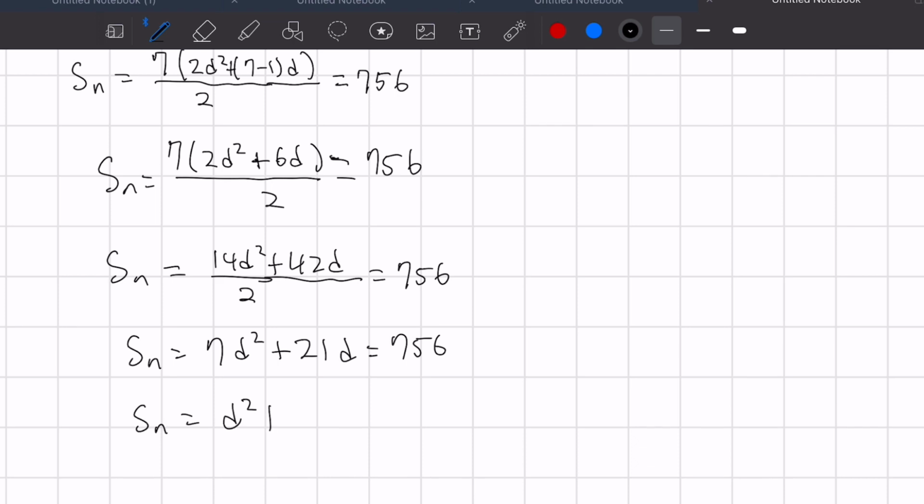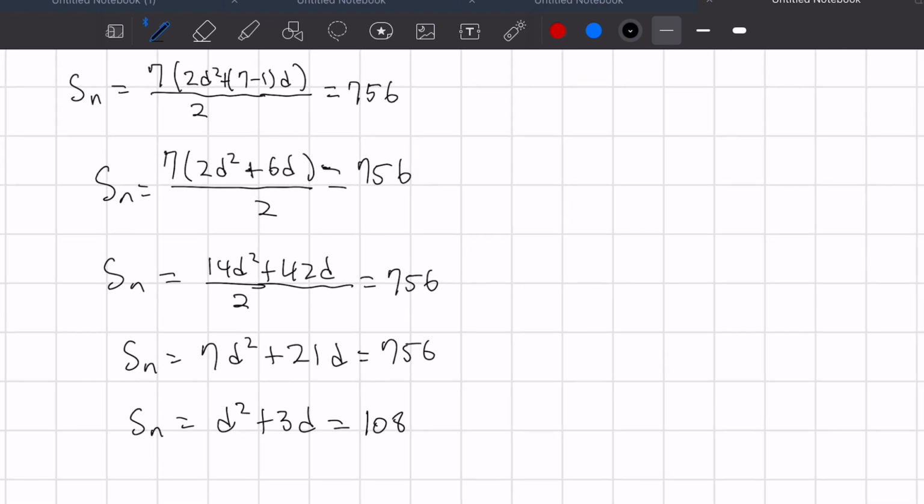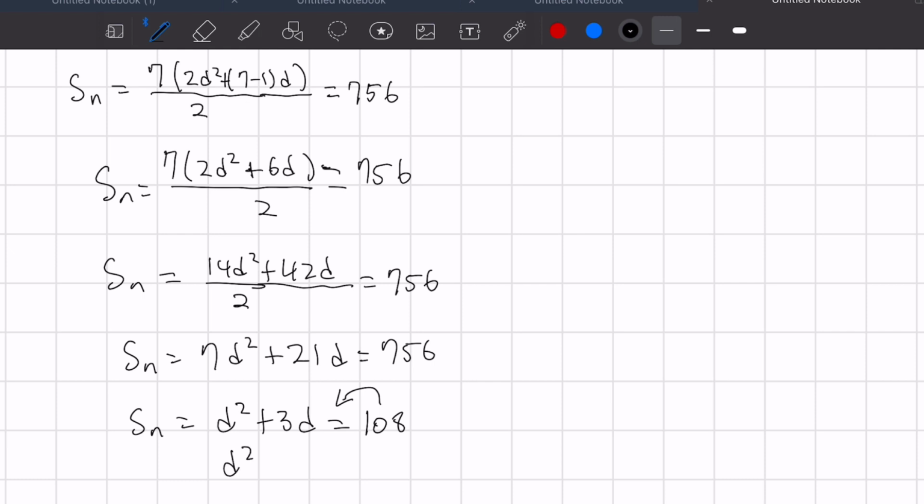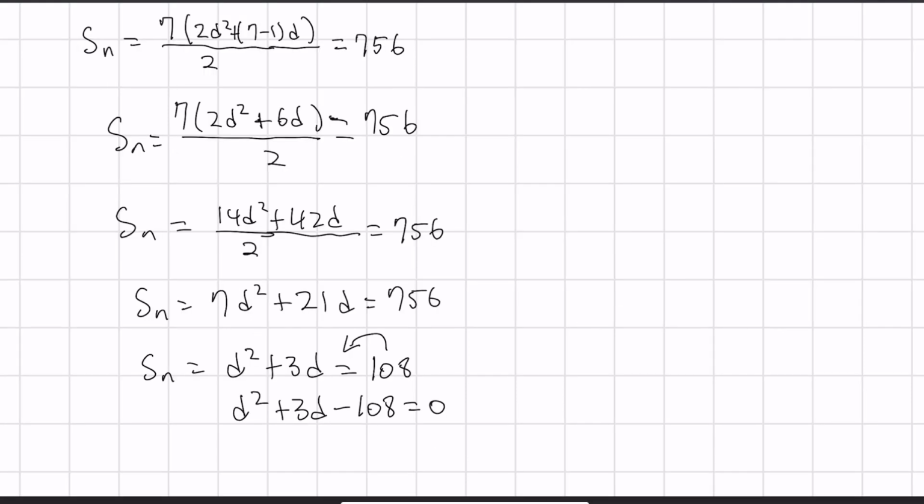d squared plus 3d equals 108. And if we move 108 to the other side, d squared plus 3d minus 108 equals 0. And numbers that add up to 3 and multiply to negative 108, if you think about it, would be plus 12 and minus 9.